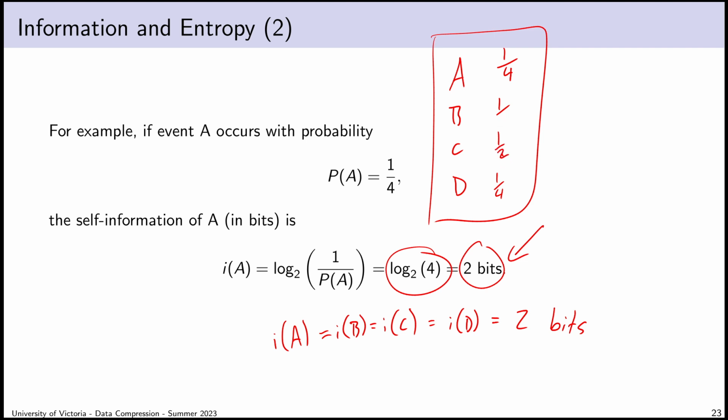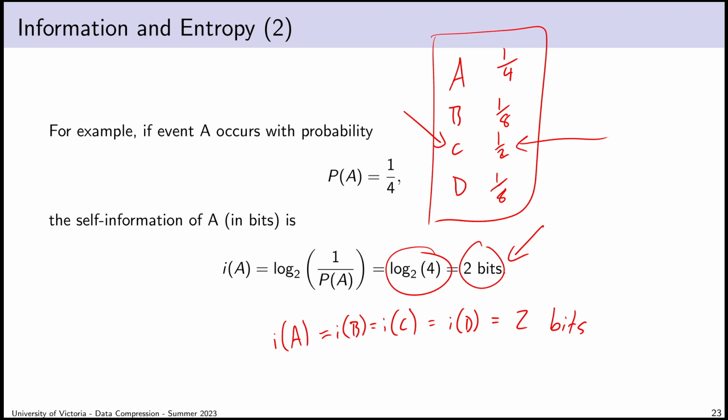And that would mean maybe that B and D occur with probability 1 over 8. Well, if C is more likely, then it's less surprising. And that means that because it's going to happen more often, if I want to represent it in a fair number of bits, I want to use fewer bits for C because it's worth less. Information that's less surprising teaches you less about the world and therefore is worth fewer bits. It's worth less of your time or your energy or your bandwidth.